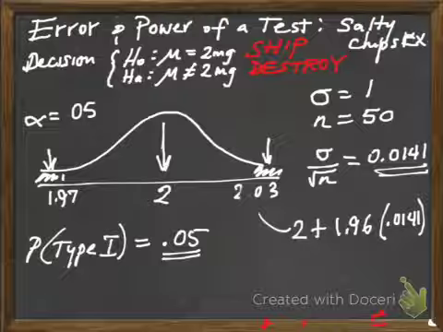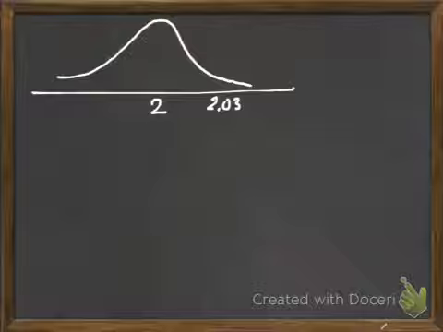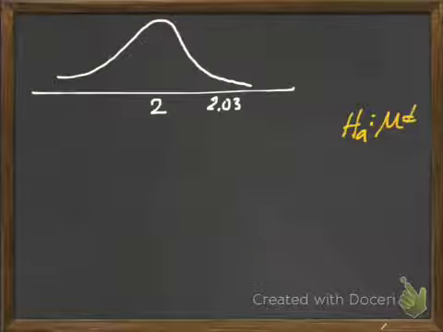What is a type 2 error? I'm going to redraw this. Let me pause. Okay, so now we need an alternative situation. The top here was H0, and now our alternative hypothesis is that mu is not 2, but that's kind of hard to work with and hard to test or calculate anything.